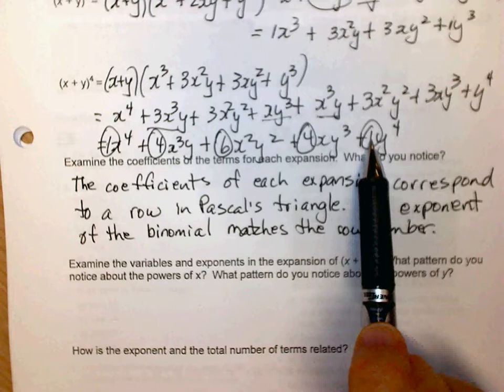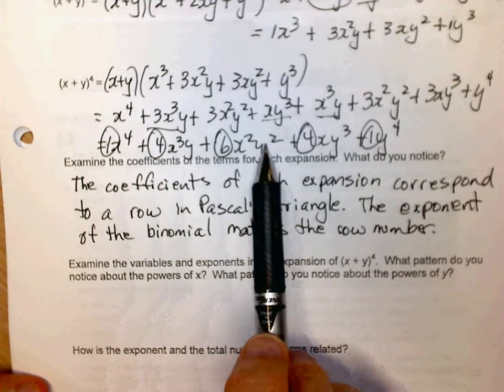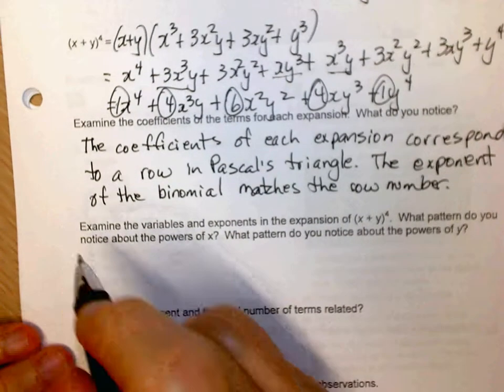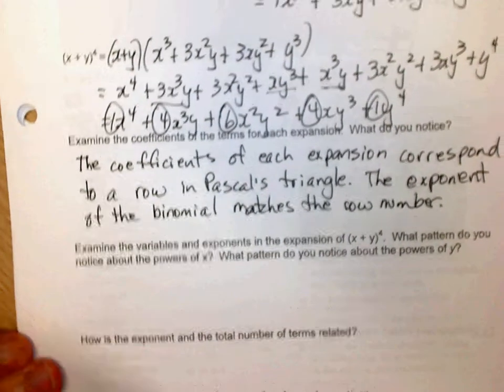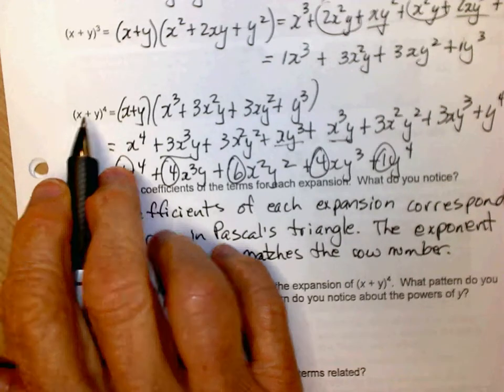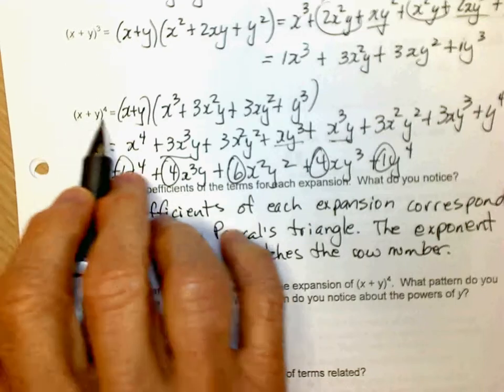And on y, it's y to the 0. So 0, 1, 2, 3, 4. It's either 4, 3, 2, 1, 0, or 0, 1, 2, 3, 4. Whatever is in the first position goes down, and whatever's in the second position will go up. Because you're not always going to get easy ones like that.